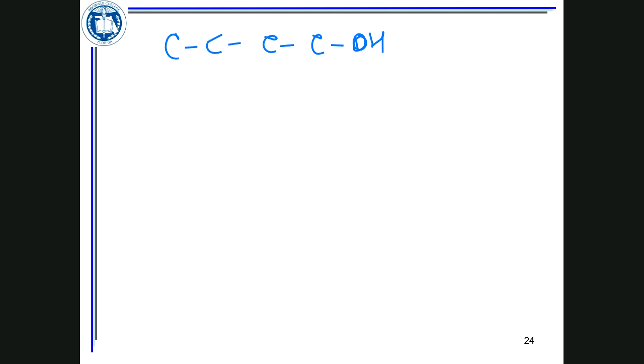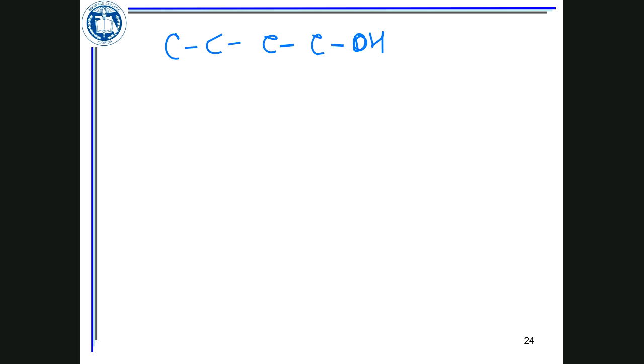The general steps are make Grignard. Step 1, prepare Grignard. Step 2, make it attack the carbonyl group. Okay, so those are the two major steps.